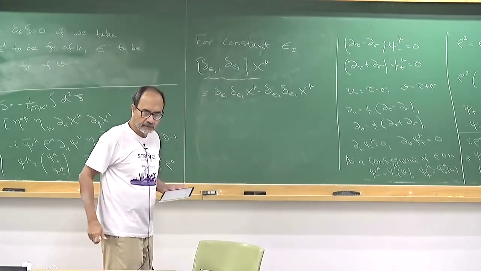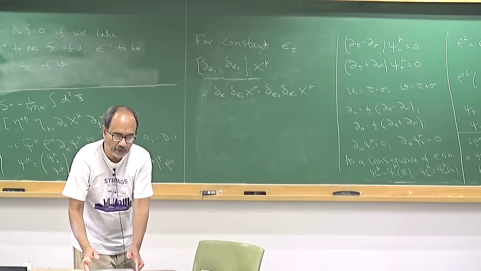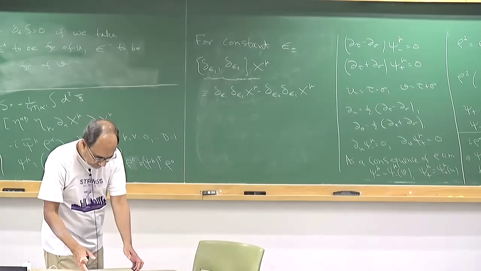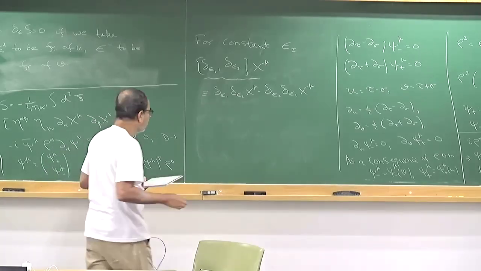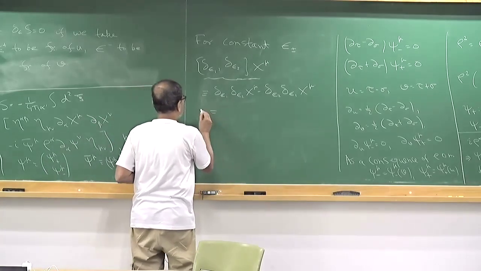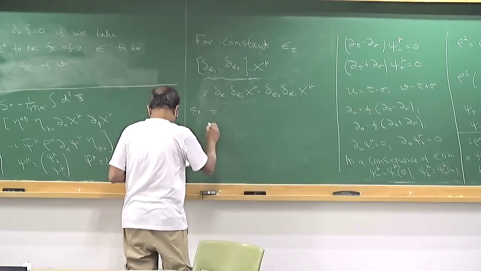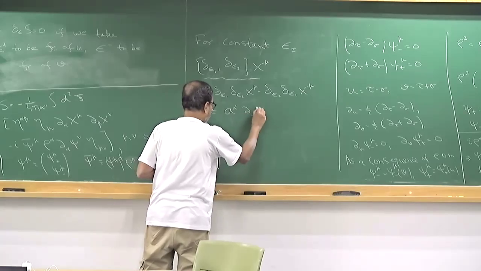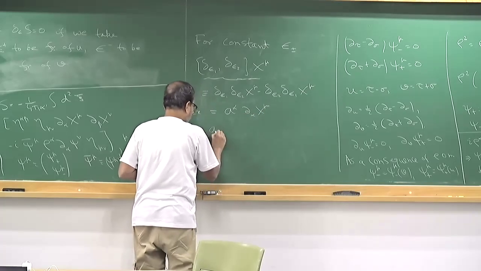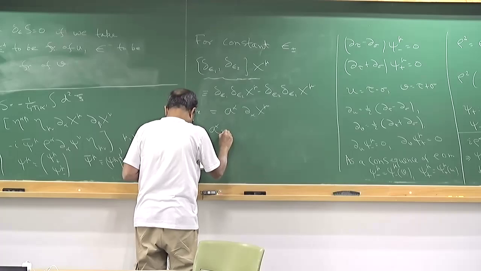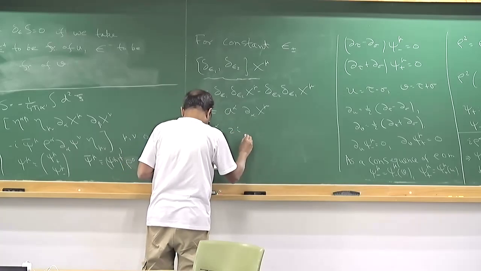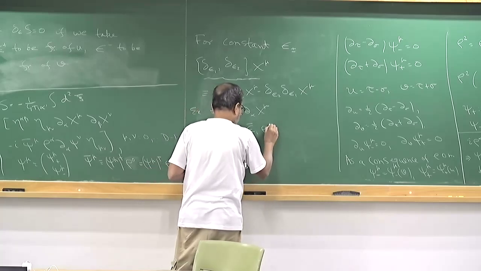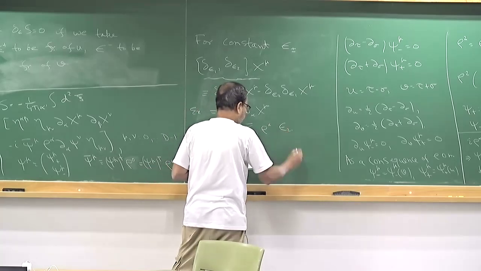In this calculation you keep terms up to order epsilon 1 epsilon 2. This is given by A alpha del alpha x mu, where A alpha is 2i epsilon 1 bar rho alpha epsilon 2. This is the exercise.